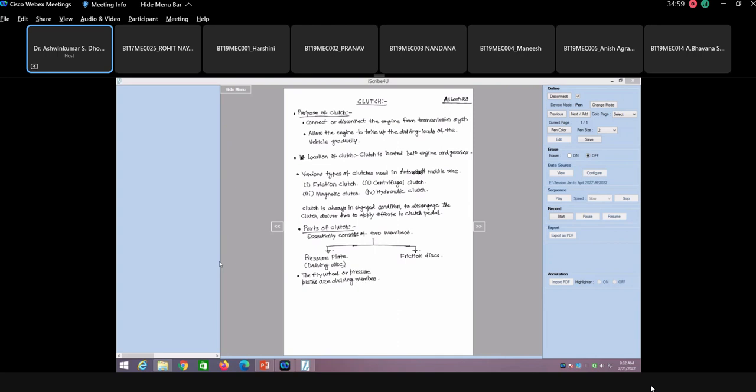That means the power from engine will first be given to the pressure plate or the flywheel. They are attached to engine crankshaft and rotate with it.